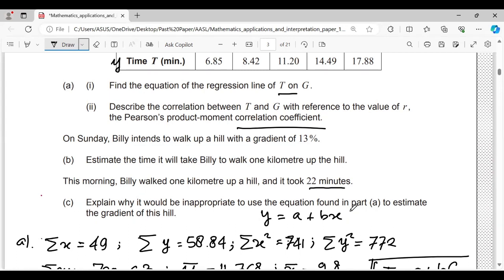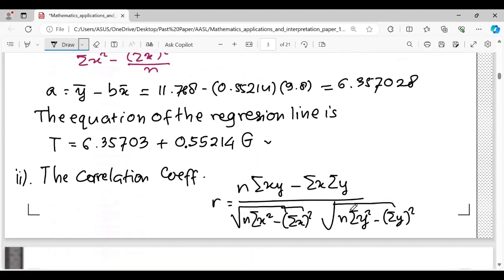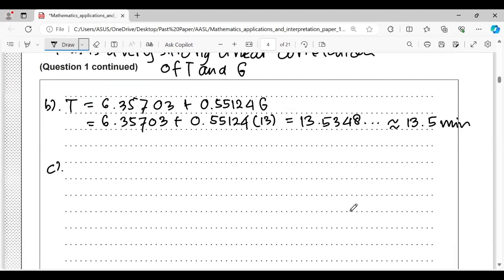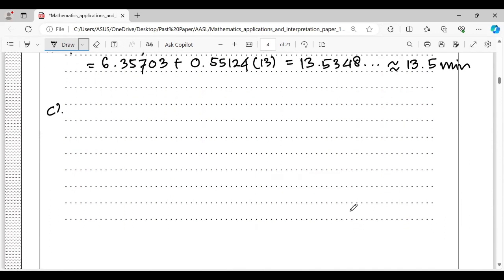Of course, because G, or gradient, is the independent variable while T, or time, is the dependent variable.